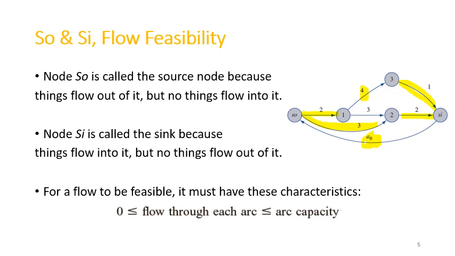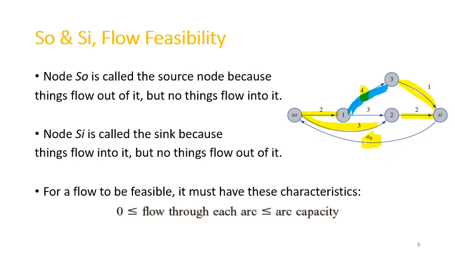Of course, the oil that goes through this arc must be between 0 and 4 at most. It cannot be negative because you just cannot flow a negative amount of oil. It doesn't make sense, right?